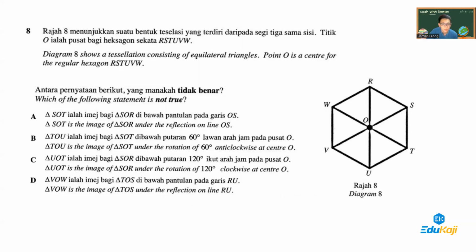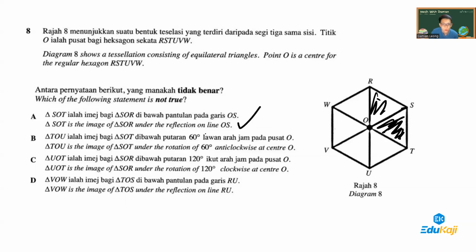Question 8. Which of the following statements is not true? Triangle SOT is image of triangle SOR under reflection on line OS. SOT is this one. SOR, this one. Reflection on line OS. If I reflect over this line, it is correct.